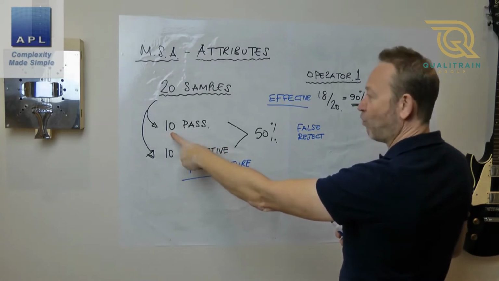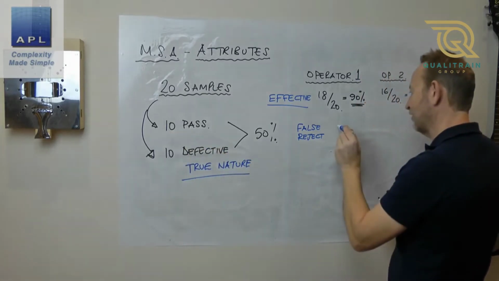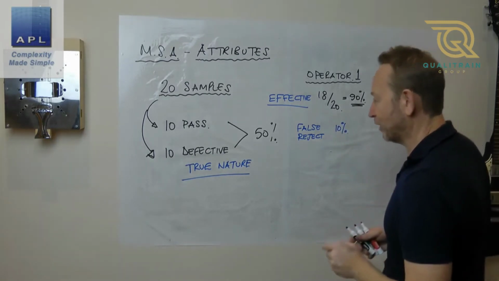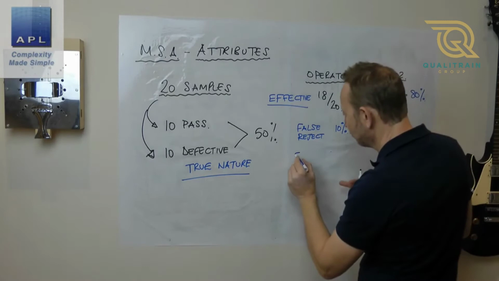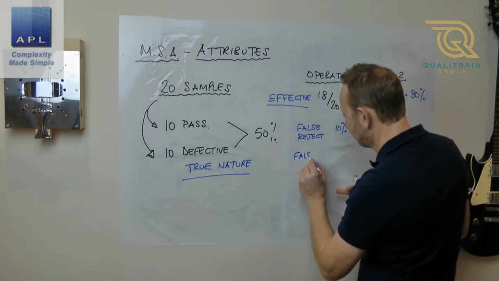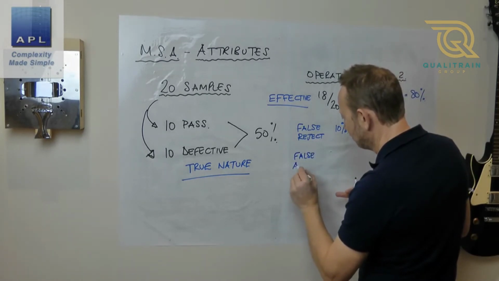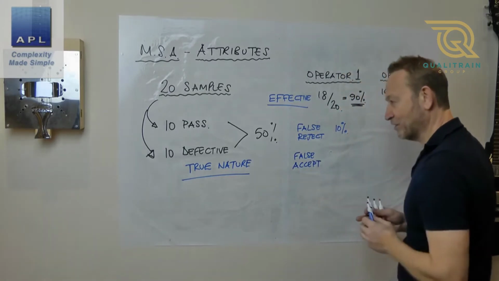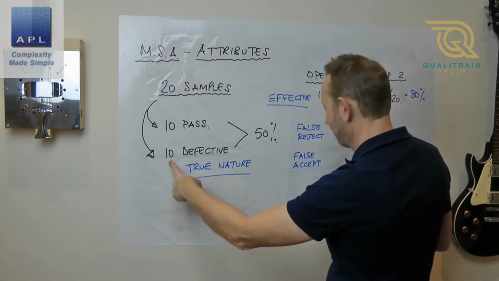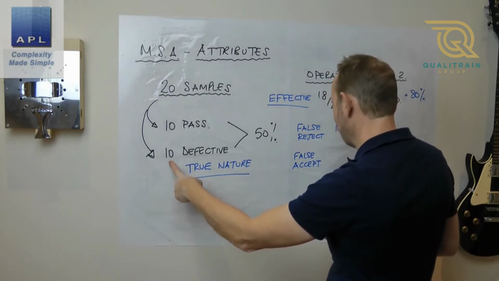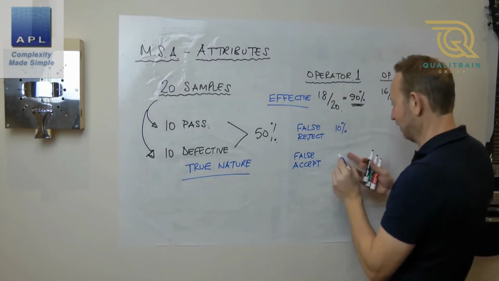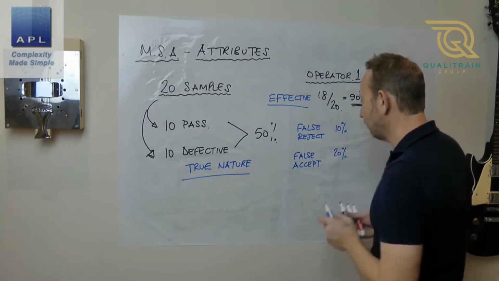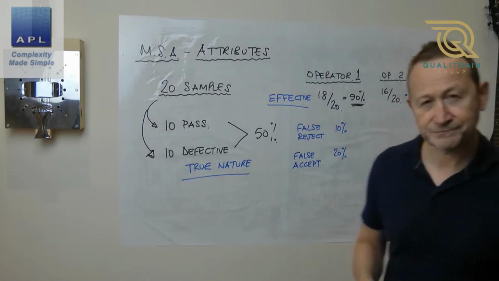So if you've made 1 in 10 mistakes here, then there's a 10% chance of a false reject. Then you're going to get the opposite of that, of course: false accepts, and the same thing. So we look at how many mistakes have been made with these parts. Let's say 2 have been made in that case. So there's a 20% chance of a false accept.